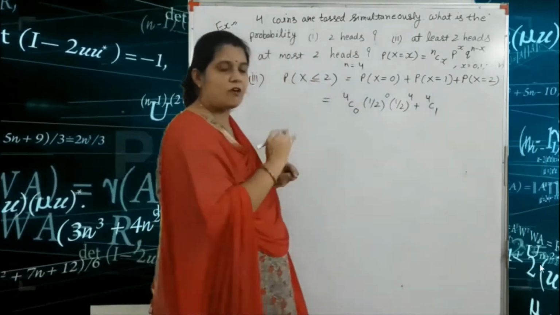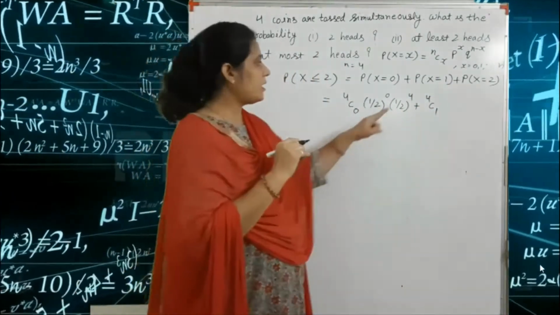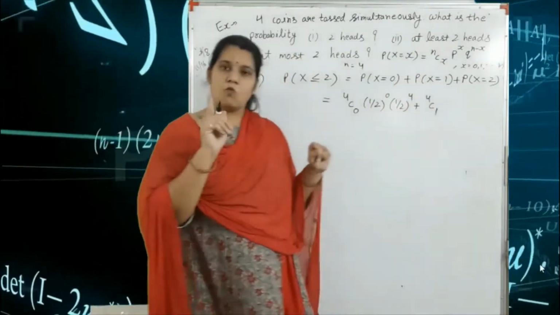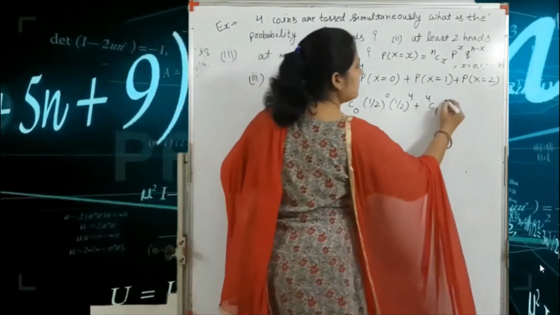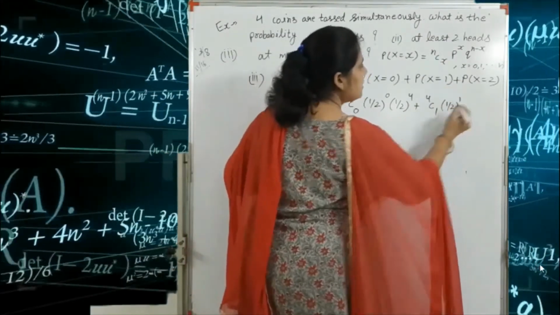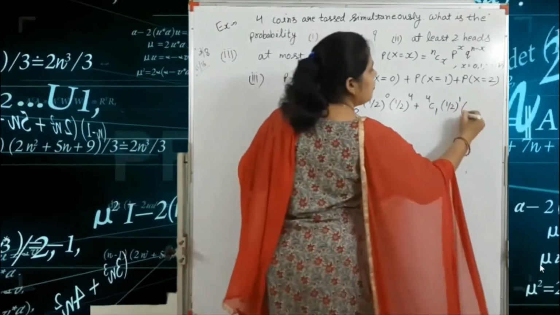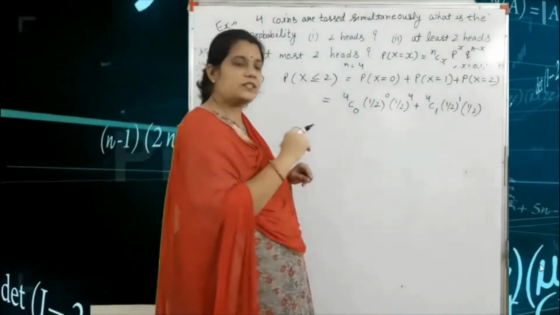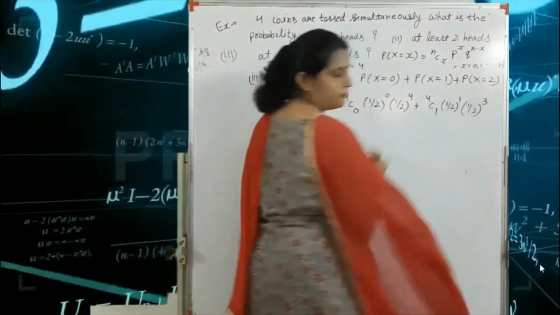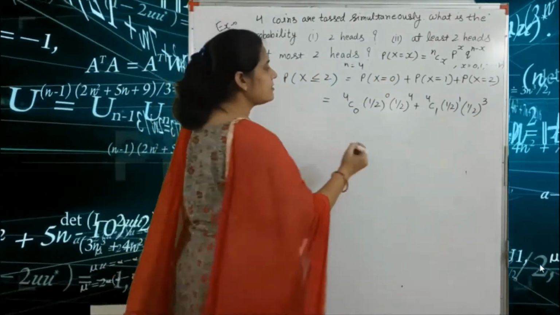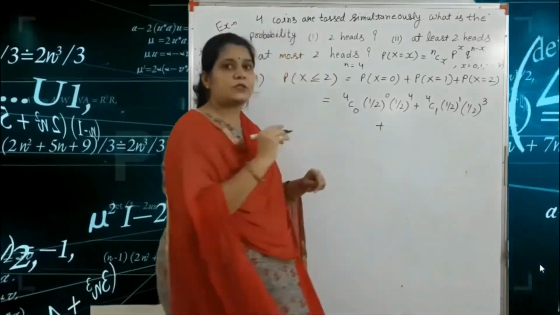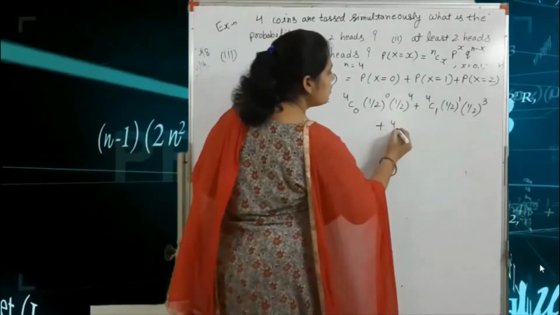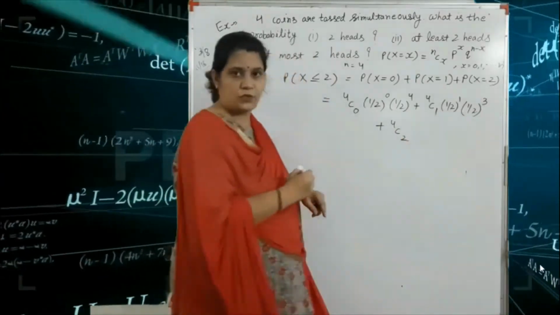Our second term is 4C1, because of nCx, so n is 4 here and x is equal to 1. Okay, so 4C1 (1/2) raised to the power 1 and (1/2) raised to the power what? 4 minus 1 is equal to 3. Okay, and our last term is x is equal to 2. So we put here 4C2. Got it?